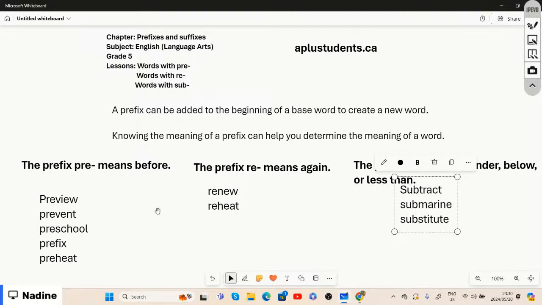Which means that, yes, the substitute teacher can be a teacher for that period of time, but that substitute teacher cannot go above the teacher. The teacher is still the one that makes the decisions, so she is under the teacher. And we don't mean it in a negative way, but we mean that she's not the actual assigned teacher to the class. And that is why we say she's not the head teacher. She's still under your teacher when it comes to decision making. And that is basically substitute.